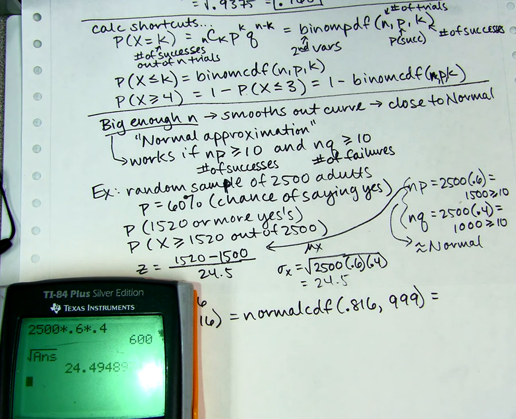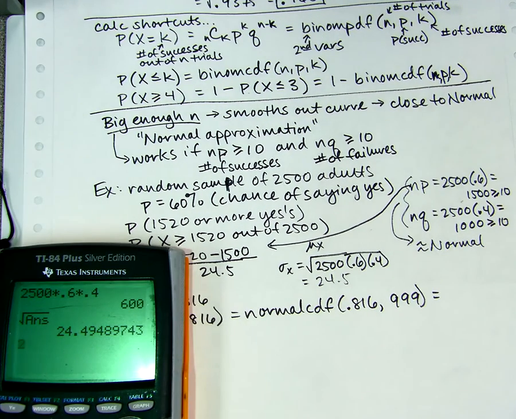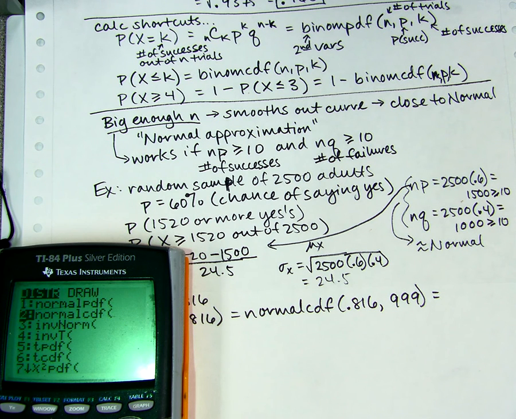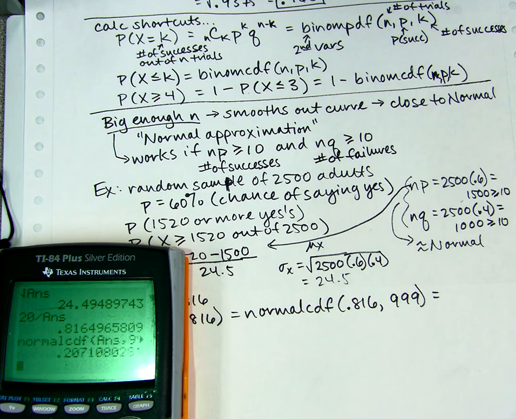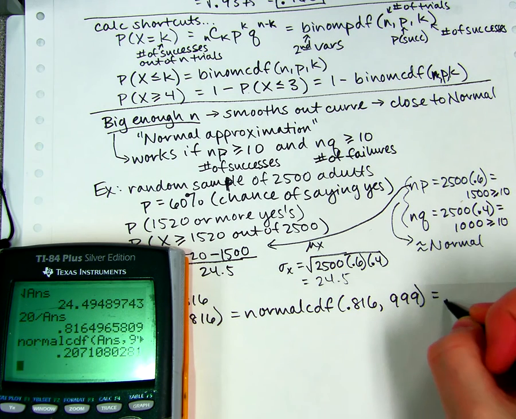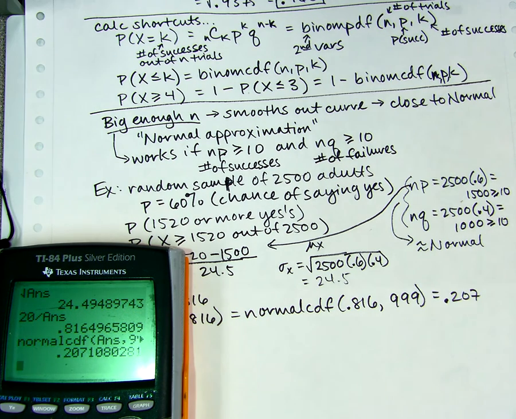It was square root of 600, which is 24.49. Okay, that's where I got that from. This subtracts to make 20, and if I do 20 divided by my standard deviation, I get 0.816. That's where that came from. And then second vars, normal CDF, answer I just had, and 999. Well, a few more 9s would be nice just to be sure. Doesn't matter. 0.207, about a 20% chance, 21%, something like that.